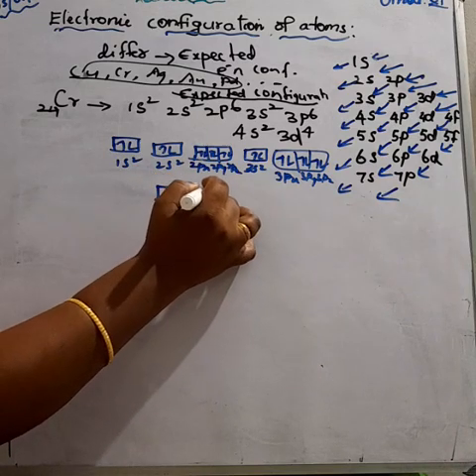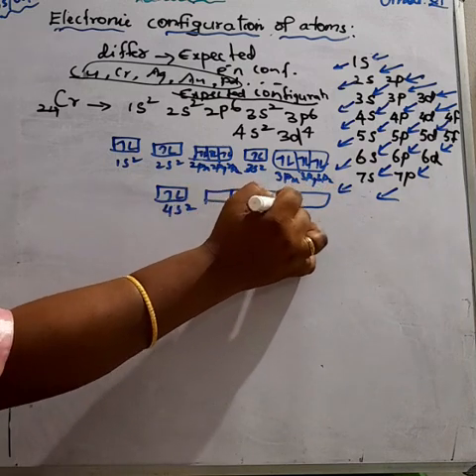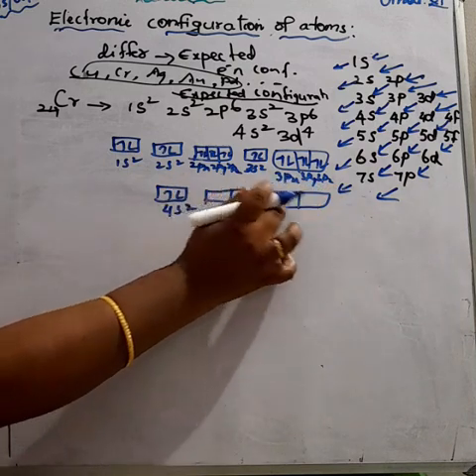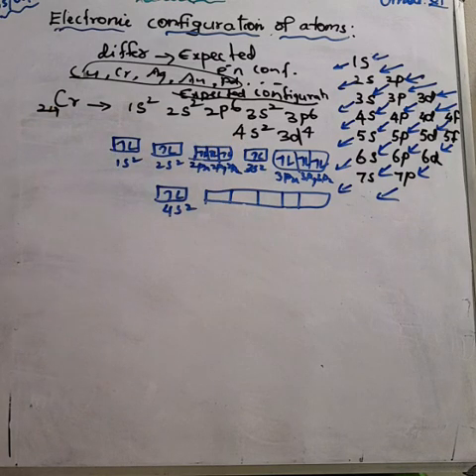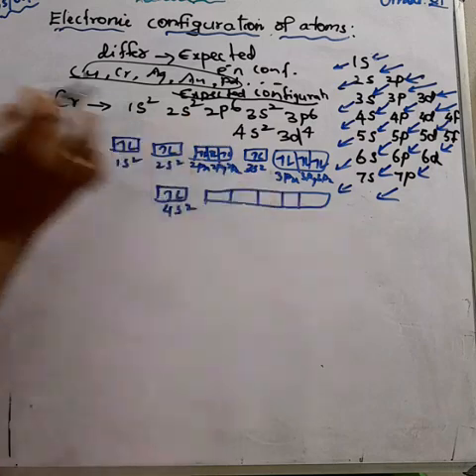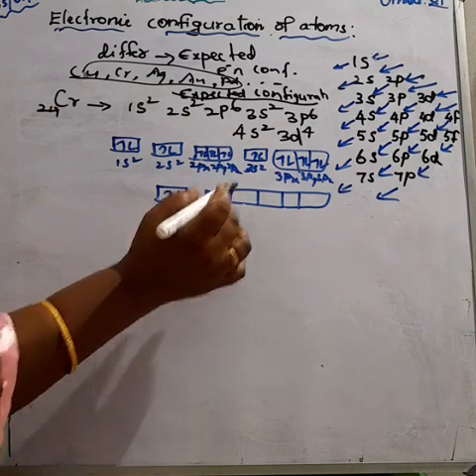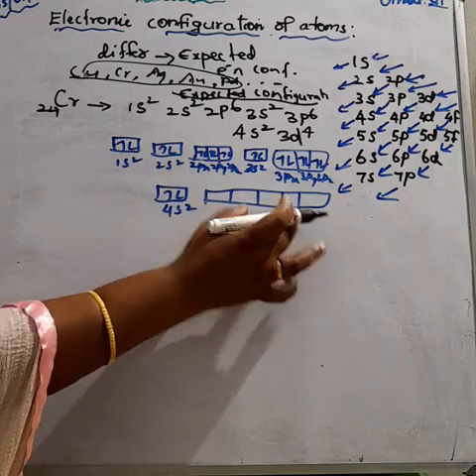And then after that, the 3d orbital. How many orbitals are there in the d subshell? Totally 5 orbitals. The maximum we can accommodate in the d orbitals is 10 electrons.